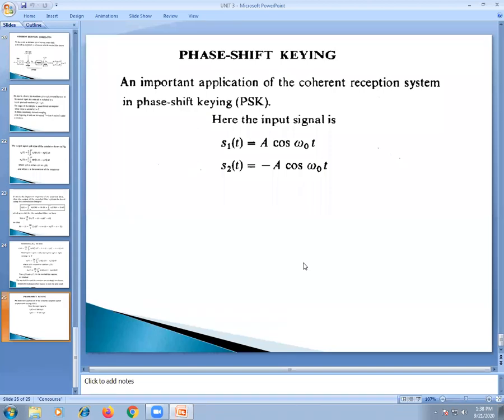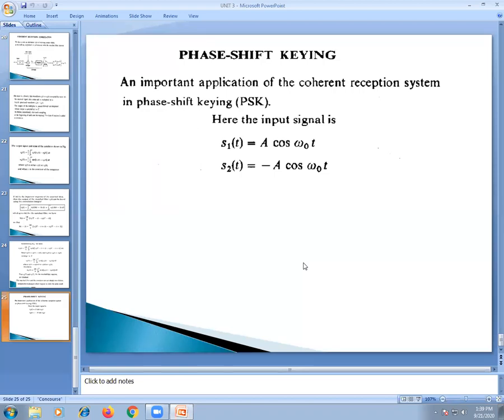BPSK is binary phase shift keying, no? Or PSK, phase shift keying. An important application of the correlation reception system is in PSK. Here, the input signals are S1 of t and S2 of t. S1 of t is A cos omega naught t.